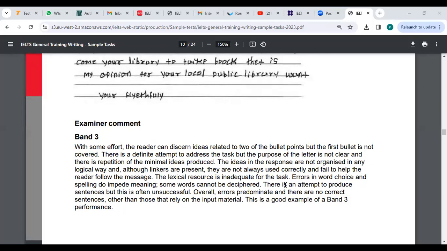Overall, errors predominate, and there are no correct sentences other than those that rely on the input material. This is a good example of band 3 performance.